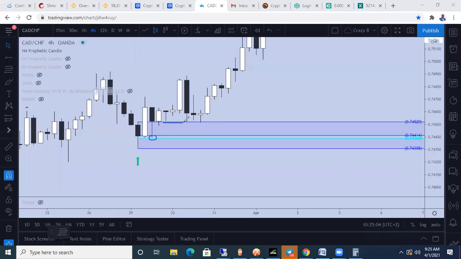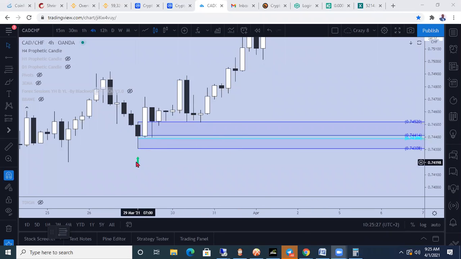You could have entry 1 at the top of the buy block, entry 2 at the mean threshold, which is the middle, and entry 3 at your preferred entry. If you did that, you had all your entries picked up, and then price took off, right?